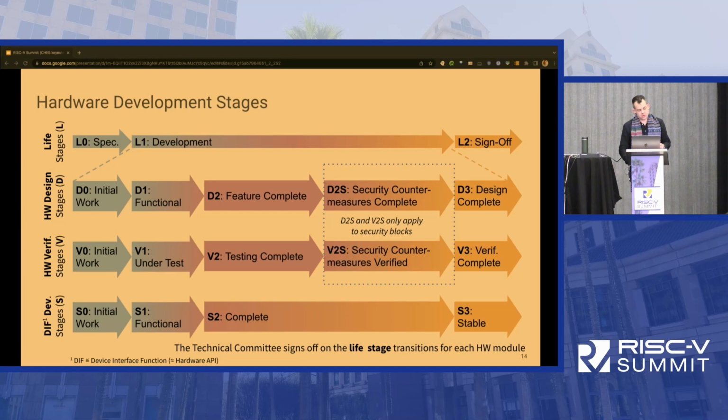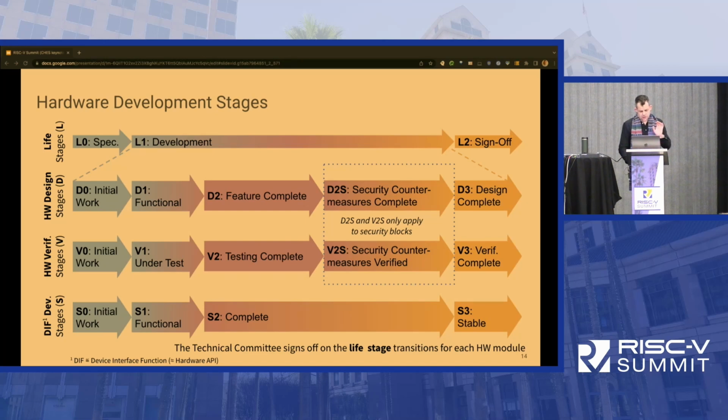So, hardware development stages: we take everything through a very structured development process. And at the end of each of these arrows and the start of the next arrow, there is a review process. So everything is double, triple checked, and checklists get made, issues that are identified are resolved, and then the IP moves to the next stage.